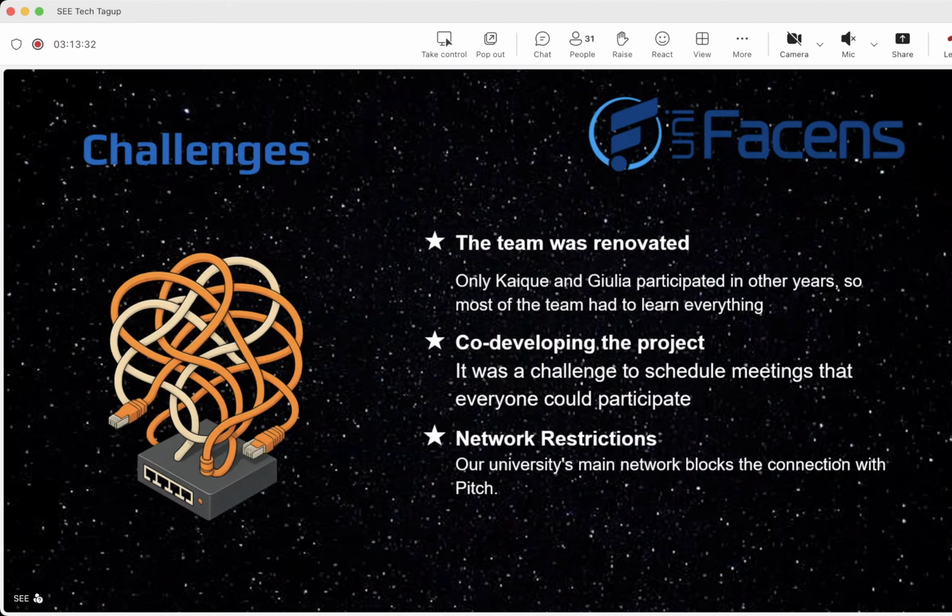During the project, we faced a few challenges. The first one is that the team was renovated, so only Kaique and Julia participated in the other years, and most of the team had to learn everything from scratch. The second point is that it was hard to schedule meetings that everyone from the teams we are collaborating with could participate in as well.